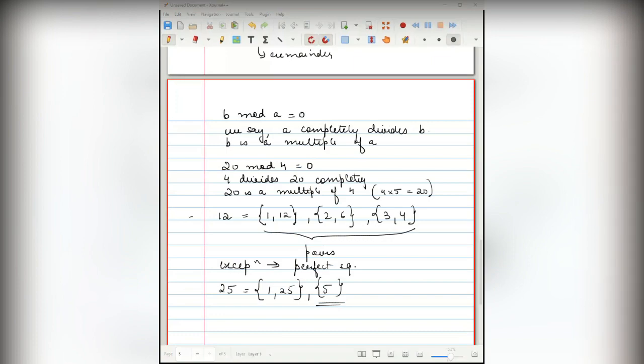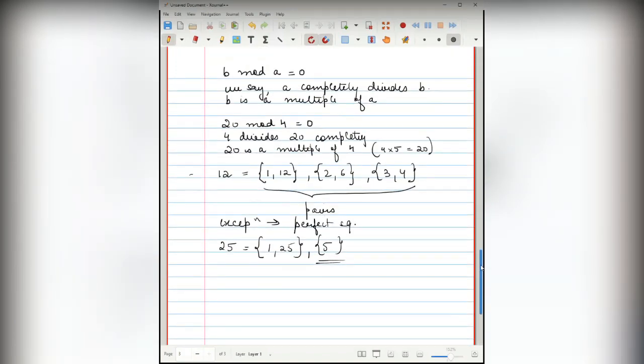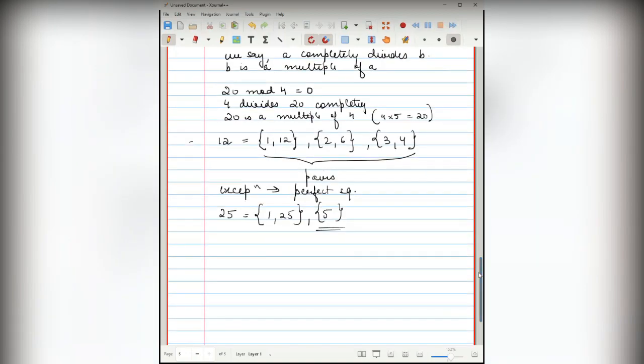So basically, when we say this, are we talking about pairing them, or are we also accepting an exception, which is the perfect square? What I'm trying to say is that with 12 we have 1, 12, 2, 6, 3, 4. That is a pair, but there is also an exception, where the number is, let's say, 25.